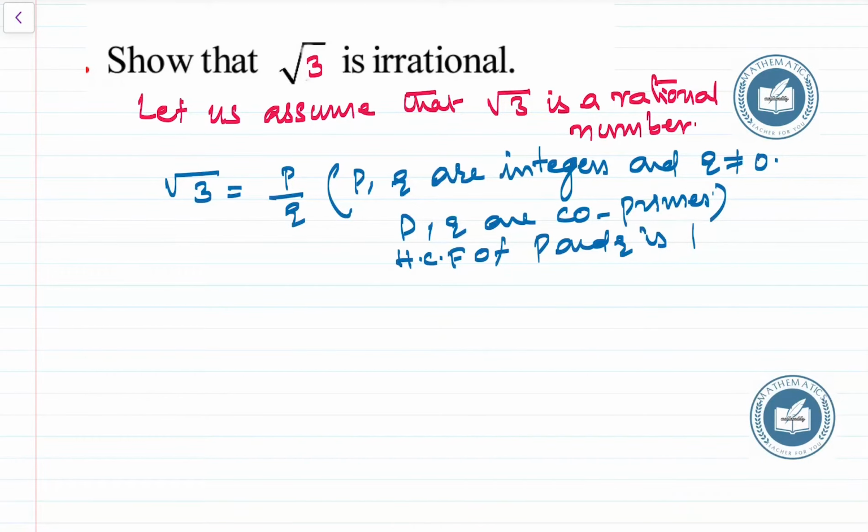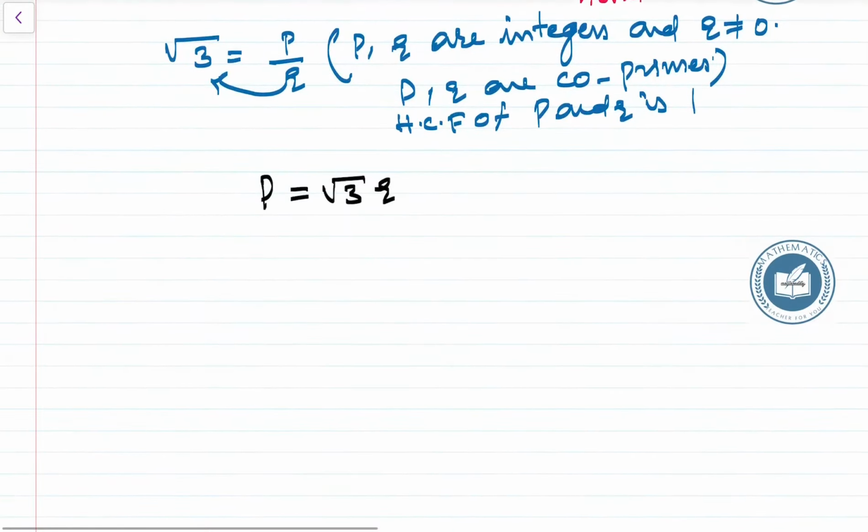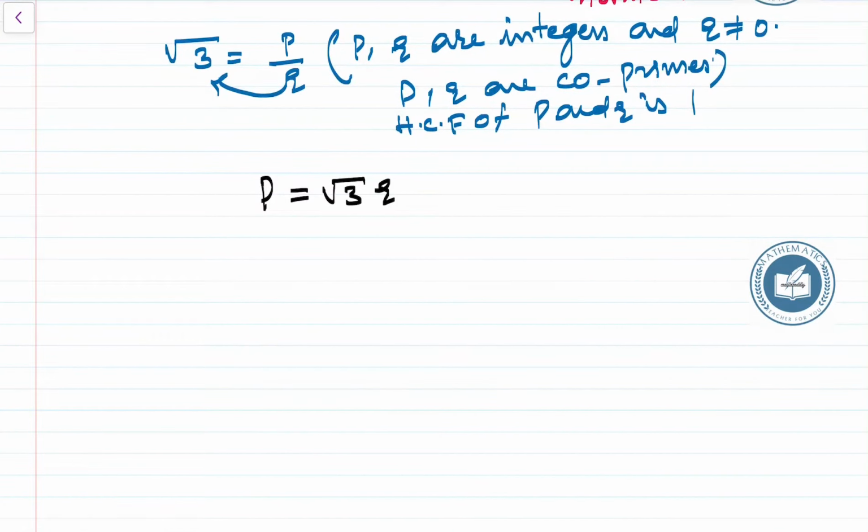So now transposing q this side, we can write p equal to root 3 q. To eliminate the root, we have to square on both sides.